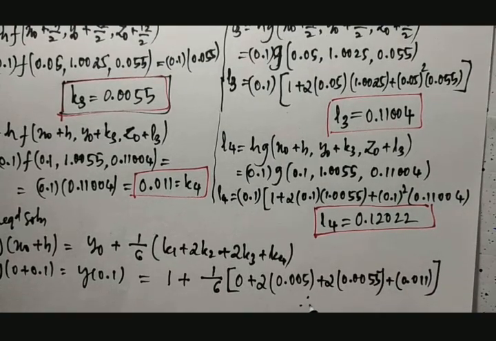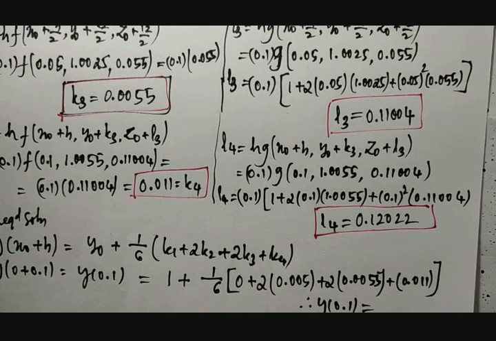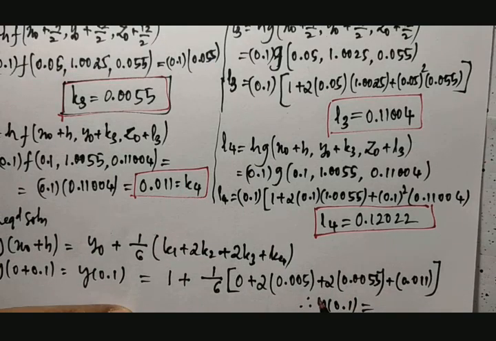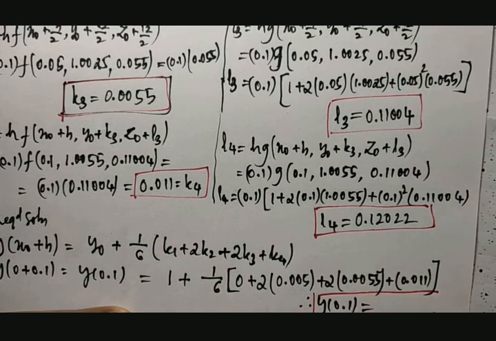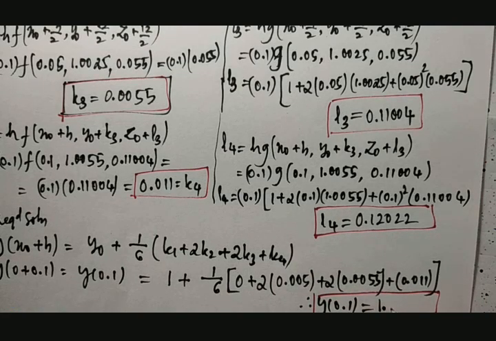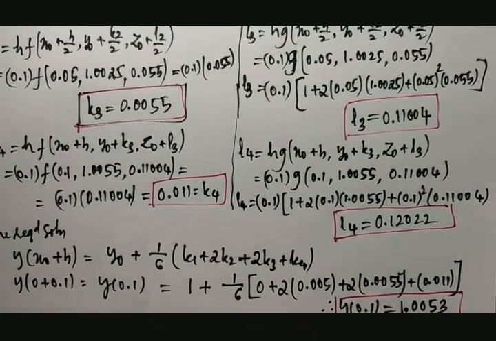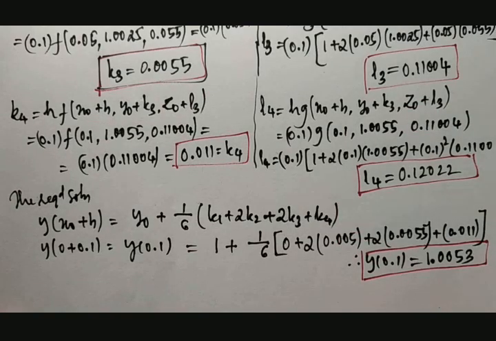Therefore, y of 0.1 is equal to, if you calculate overall by using the calculator, 1 plus 1 by 6 into all this, then this is equal to 1.0053. So this is the required result as per the given example.